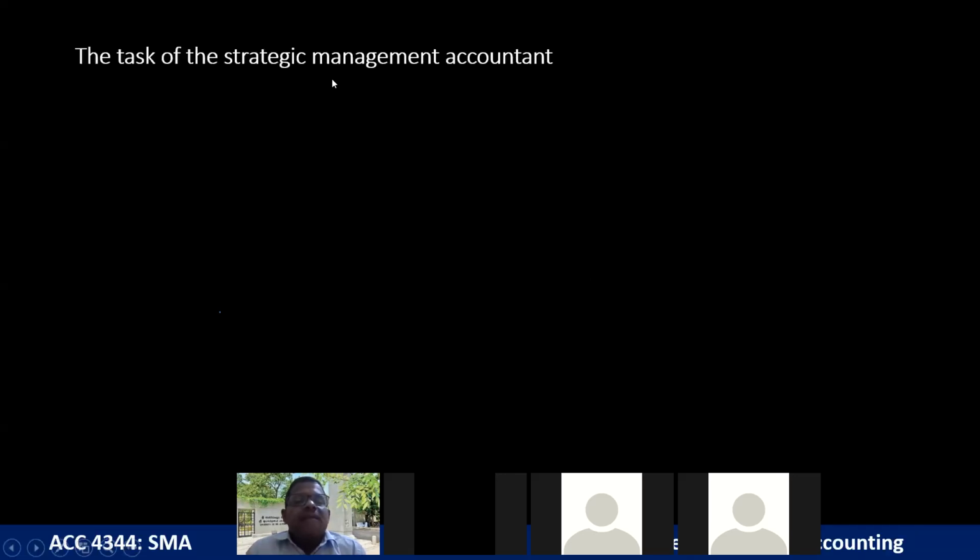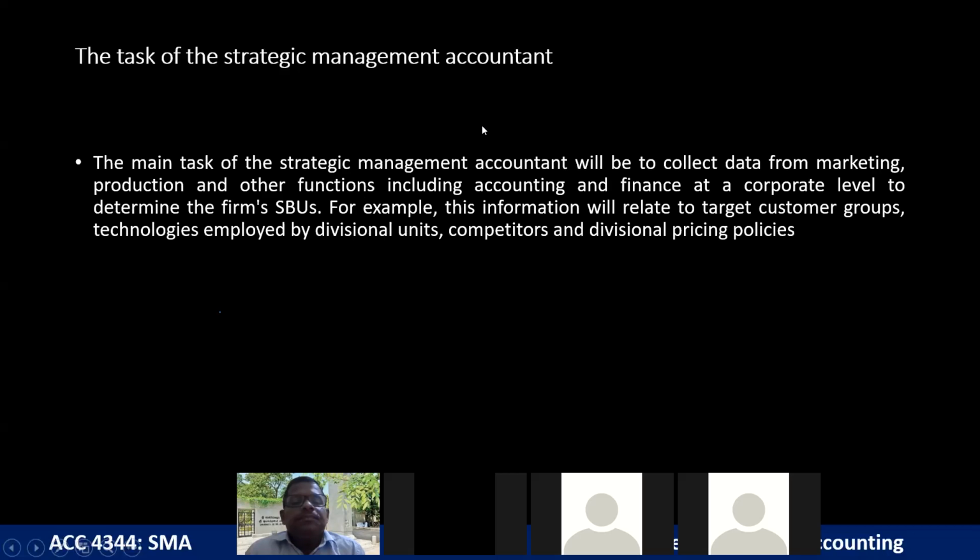Then the main task of the strategic management accountant will be to collect data from marketing, production, and other functions, including accounting and finance at a corporate level, to determine the firm's SBUs. For example, this information will relate to target customer groups, technology, employees, divisional units, competitors and divisional pricing policy.